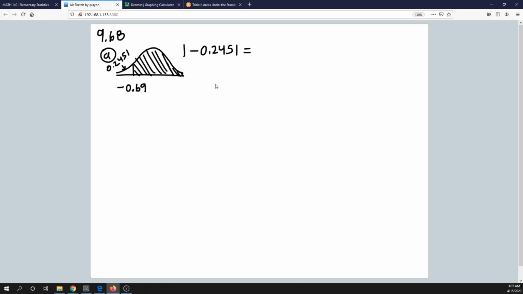So when we do that, we get 0.7549. All right, so that is going to be our p-value.